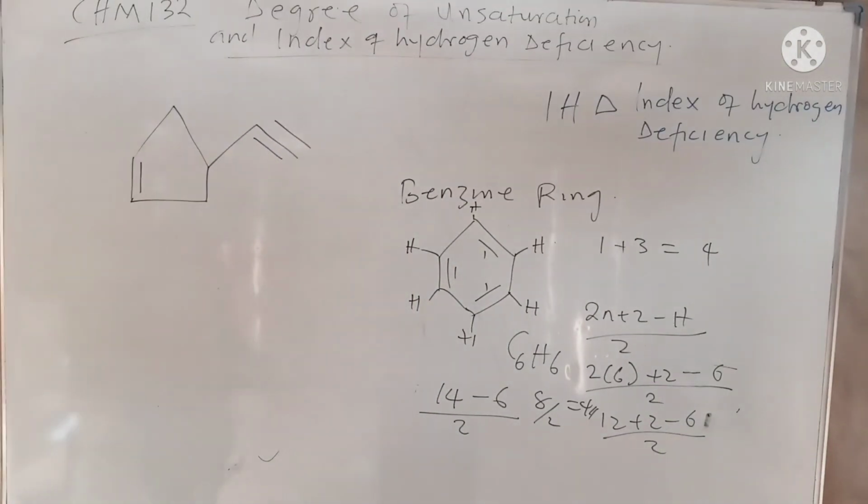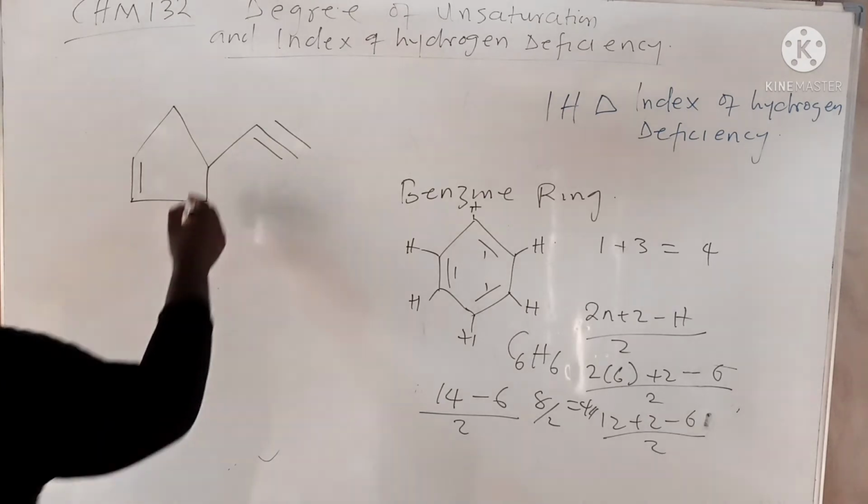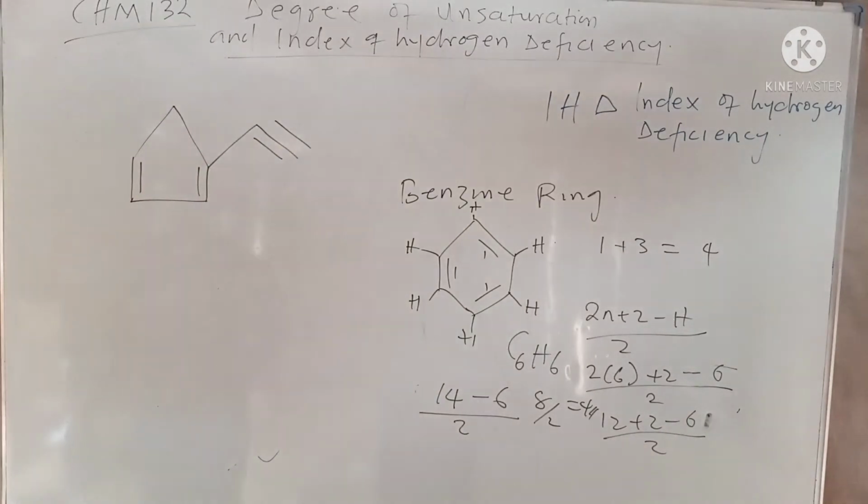We have a beautiful compound here on the board. Now let me make it more interesting and put a double bond here. Using the shorter method, I have to calculate the IHD of the compound above. All you have to do is look at it. Like I said, pause the video and see if you can do it yourself immediately, please.